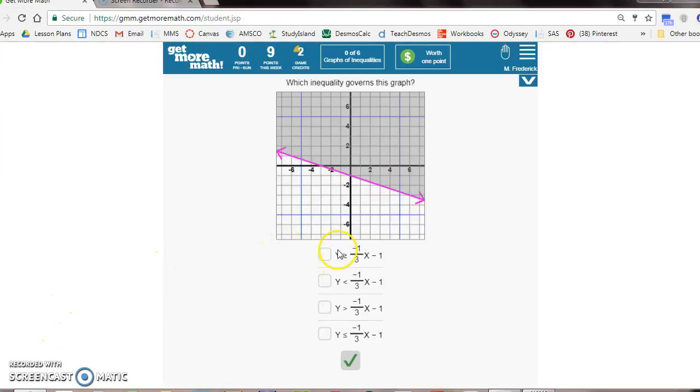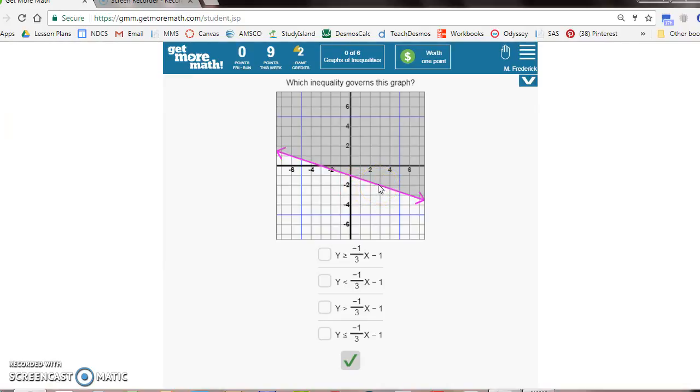First of all, by looking at the inequalities and also by our graph, we can determine that the y-intercept is -1 and that our slope is -1/3 as we go down 1 and to the right 3 to get to our next point.